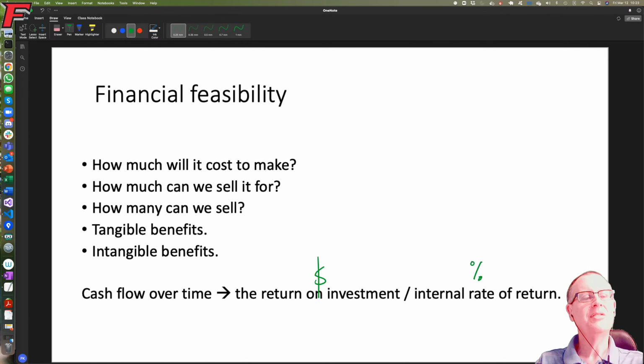If I took the amount of money that I'm going to spend on the product and invested it in a bank account, what percentage return does that bank account need to give me in order to match the return on investment figure? Okay, that's what the internal rate of return is aimed at giving. And if the return on investment is positive, then you're going to get an internal rate of return that's positive.